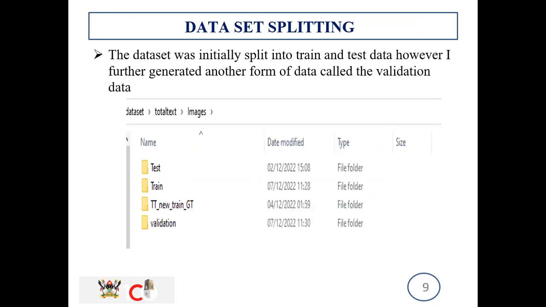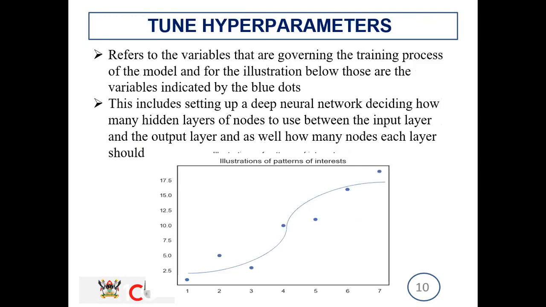Then the dataset splitting. I split my dataset into three major classes. Here you're seeing four classes, but they are majorly three: test, train, and validation. This simplifies the way I can interact with my dataset, since I've broken it into smaller pieces which I can easily handle.